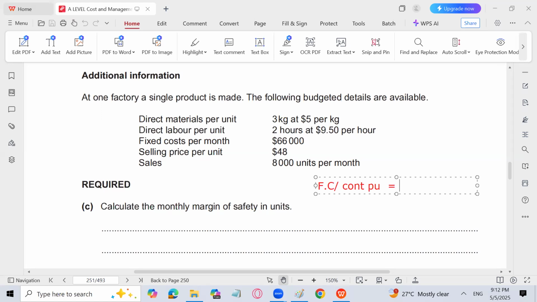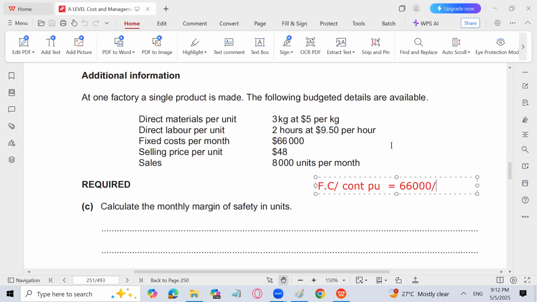Fixed cost is 66,000 divided by contribution per unit. That is going to be 48 minus 15 minus 19, because 2 into 9.5 is 19.